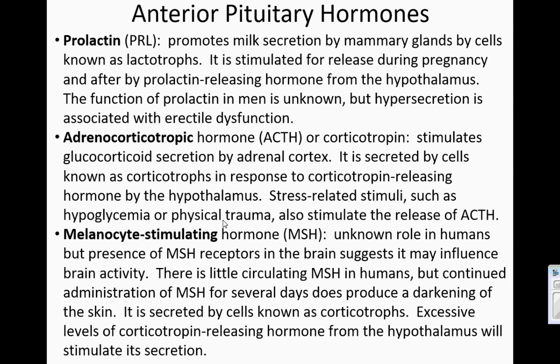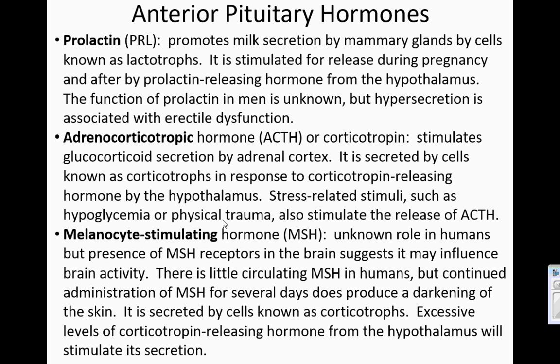The last hormone, melanocyte-stimulating hormone, we're not really sure what it does. There are receptors for it in the brain, suggesting it may influence the activity of the brain. Little circulating MSH in our body in a normal state. If you administer it for several days, it can produce a darkening of the skin. If you've taken anatomy, you learned about melanocytes. Those were the cells of our skin that give us our skin color, give us melanin.